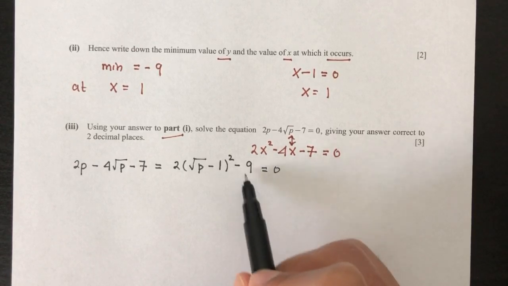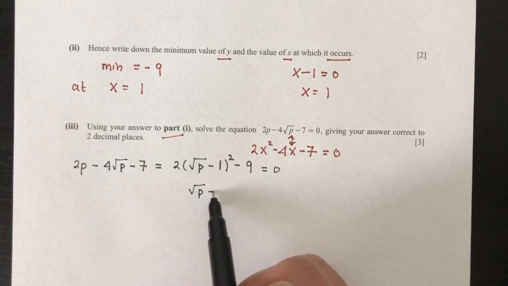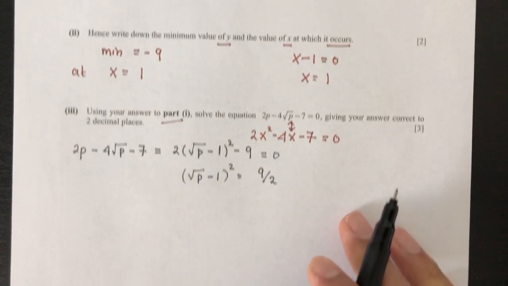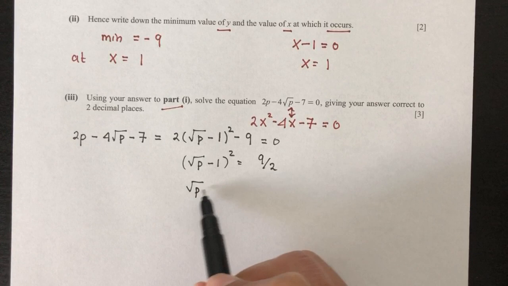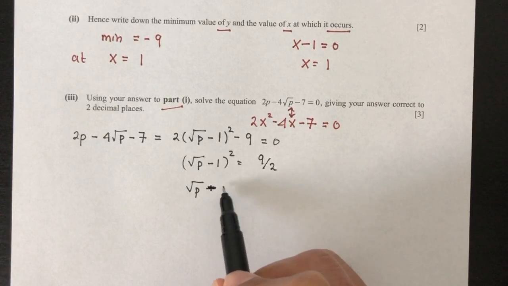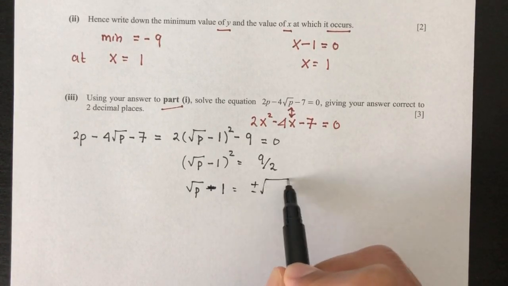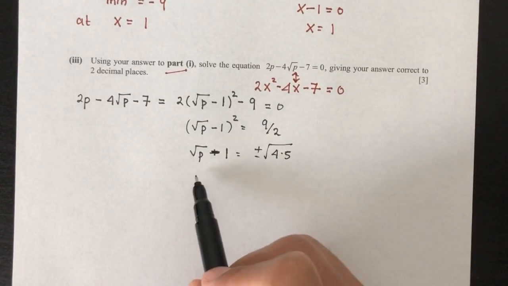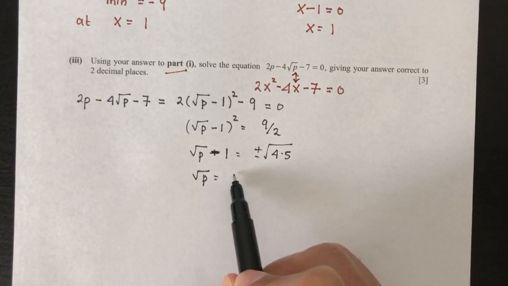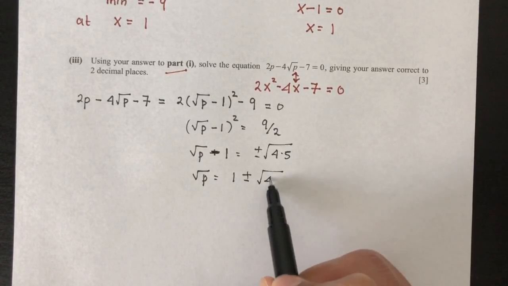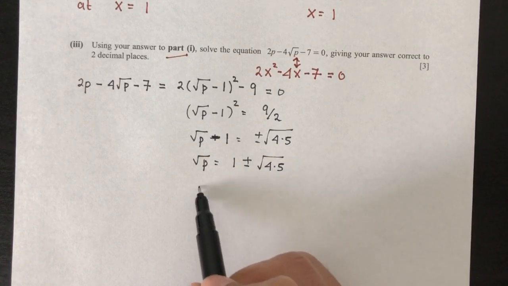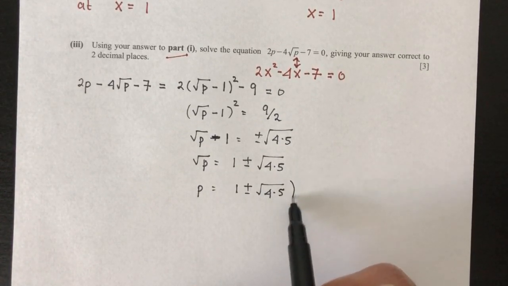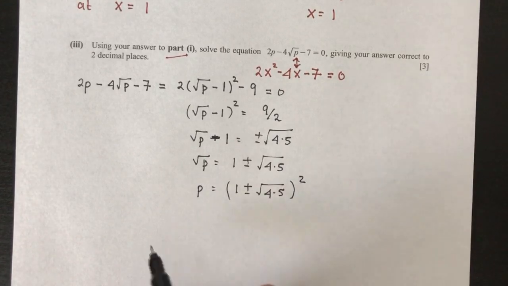First step, we send this over here. You will have root p minus 1 squared equals 9 divided by 2. Now root p minus 1 equals plus or minus root 4.5. So root p equals 1 plus or minus root of 4.5, and p will be 1 plus or minus root of 4.5, squared.